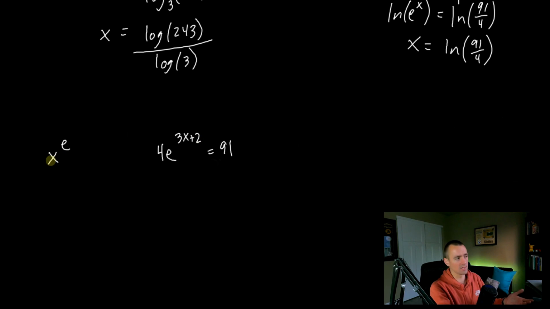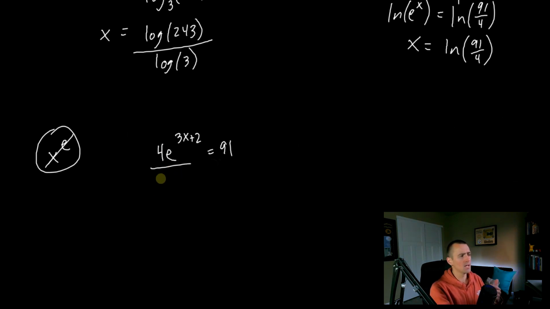Or, in this case, if we have x to the e, that's x to the 2.71. You're not going to want to use logs to solve something like this, where you have a variable raised up to a constant power. There's a different method you want to use for that. The logs and the natural logs come in handy when you have a constant base, a number base, raised up to a variable power, raised up to x, or whatever variable you're trying to solve for.